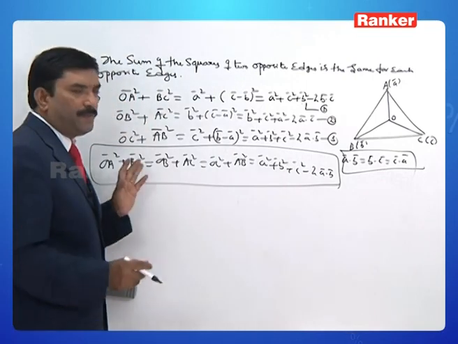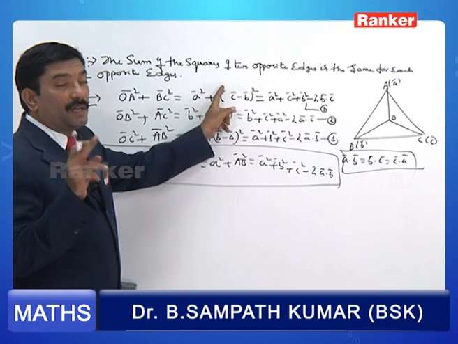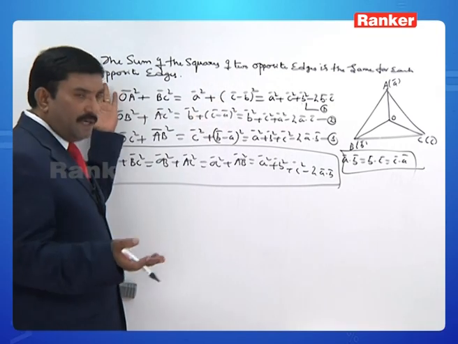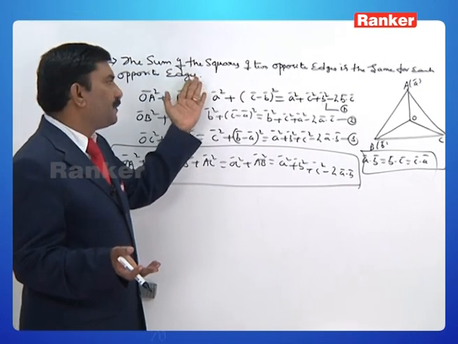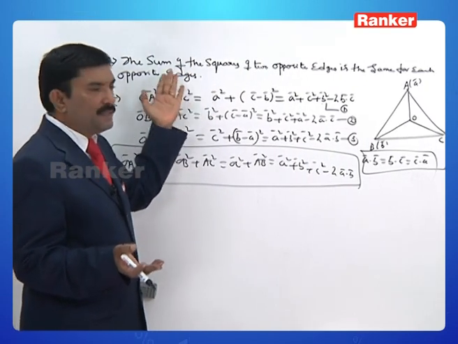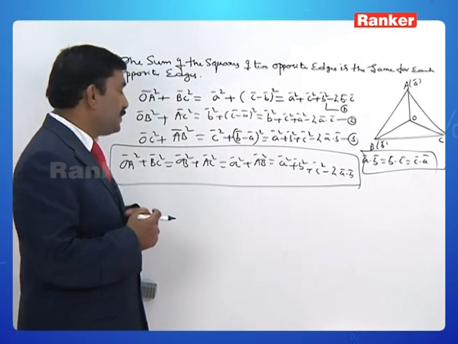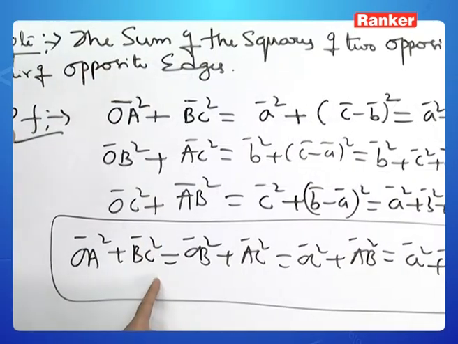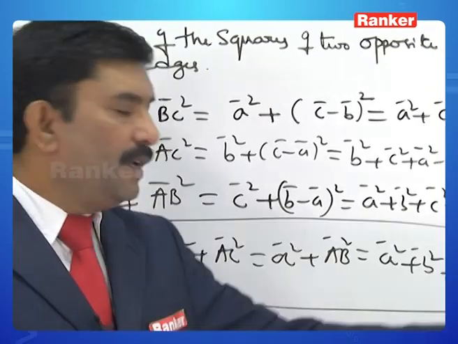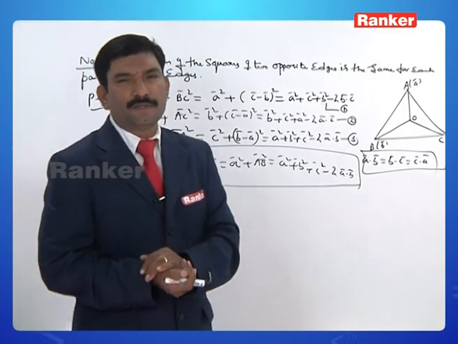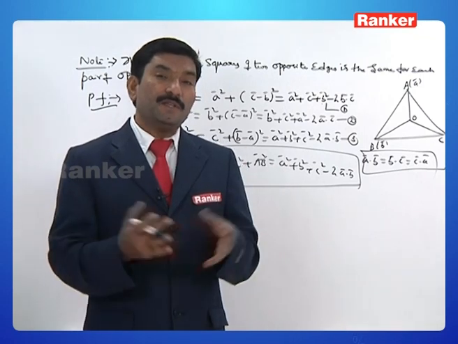So therefore we have proved the sum of the squares of two opposite edges is the same for each pair of opposite edges. Thank you.